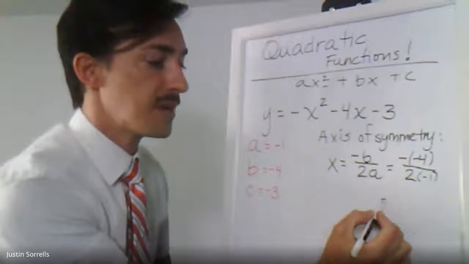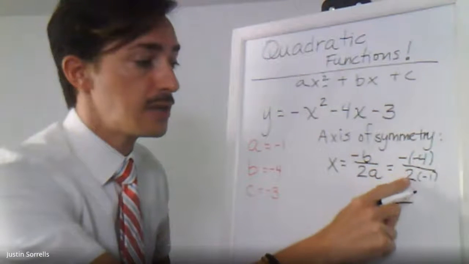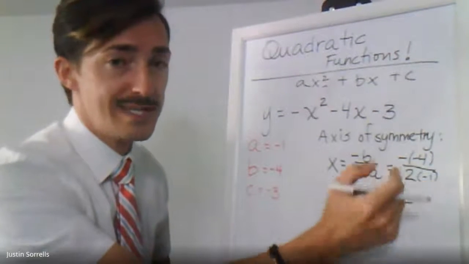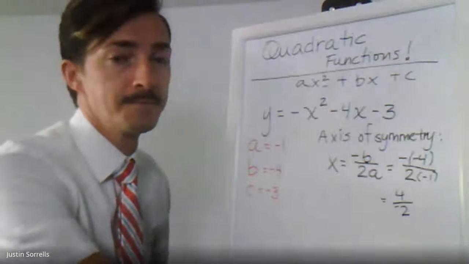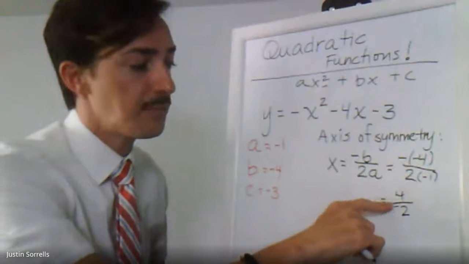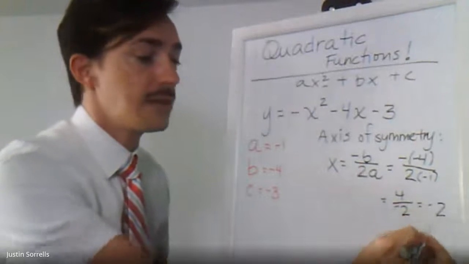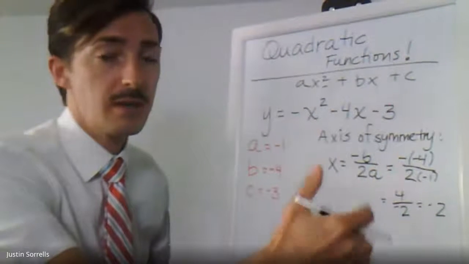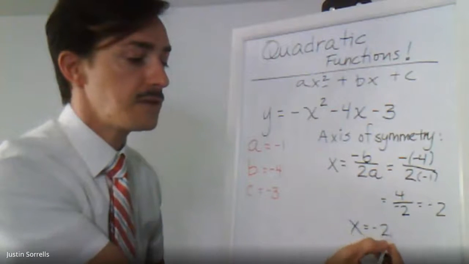So this becomes positive 4 divided by, and then 2 times negative 1 is negative 2. So I'll put negative 2 in the denominator. Okay? Now we just divide. 4 divided by negative 2 is negative 2. That means our axis of symmetry is the line x equals negative 2.